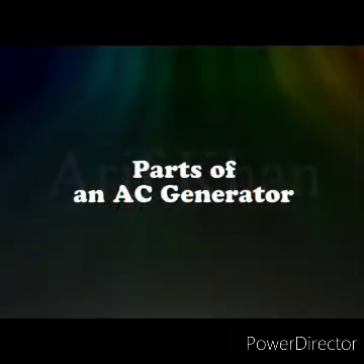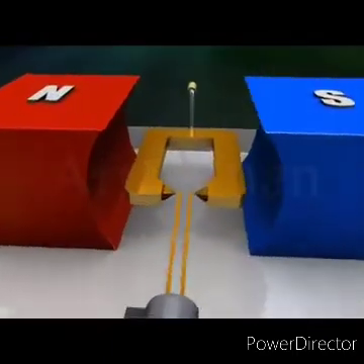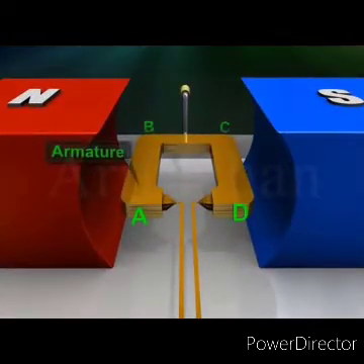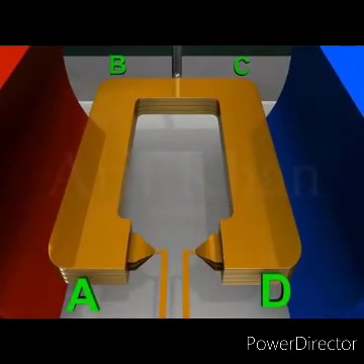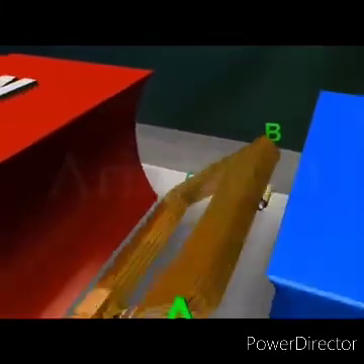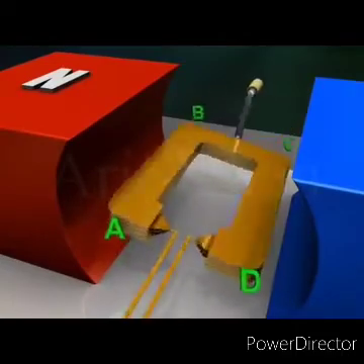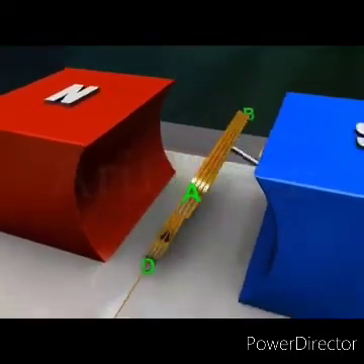Parts of an AC generator. An AC generator has an armature ABCD. It is a rectangular coil with many turns wound around a soft iron core. A shaft. It can be rotated rapidly. A field magnet.